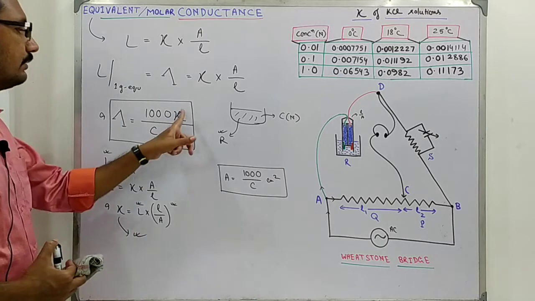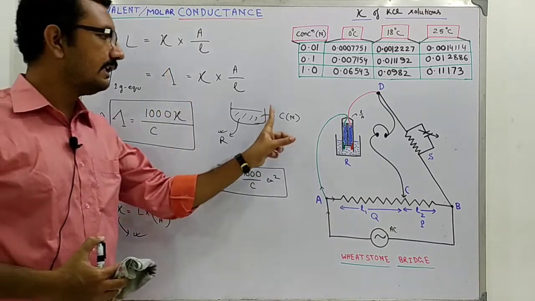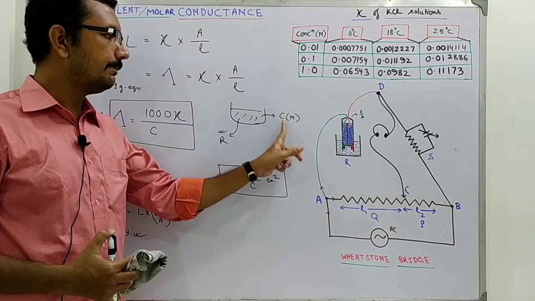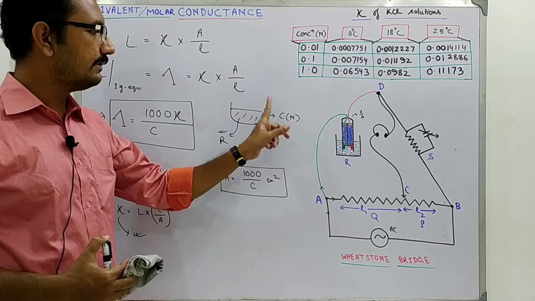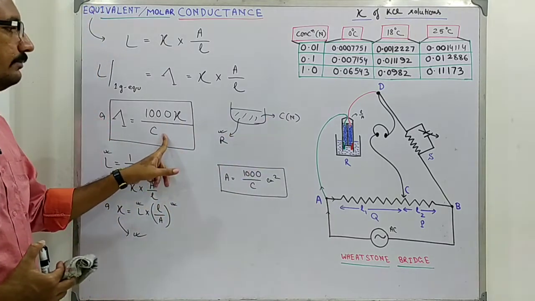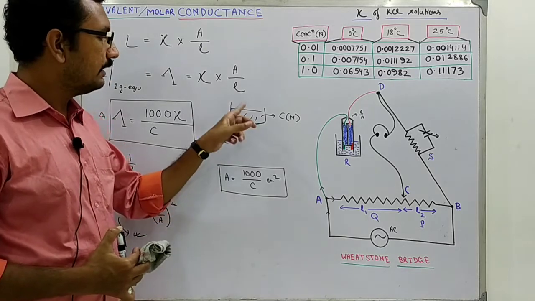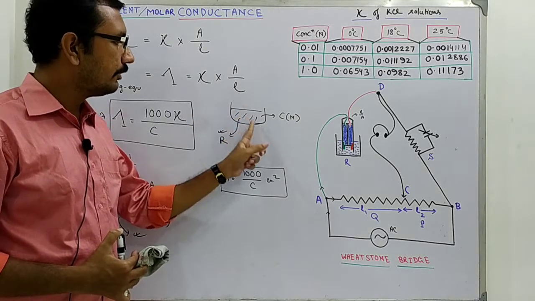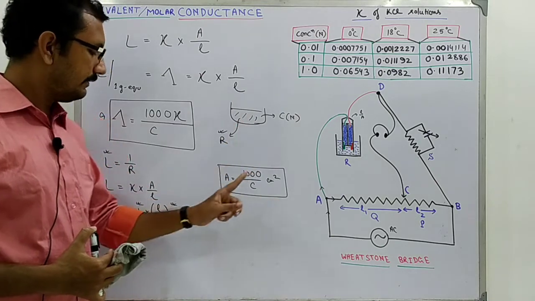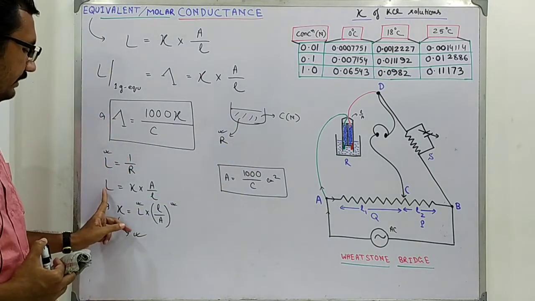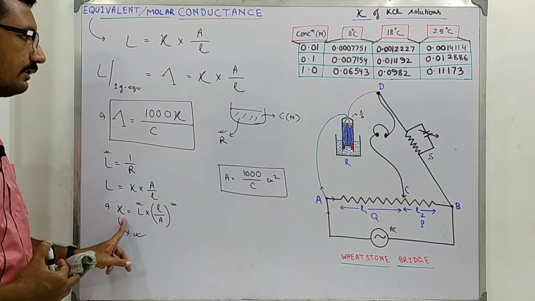Put this kappa in this relation, and put the concentration that is supplied in terms of gram equivalent per liter, that is, in normality. So, you have to measure the resistance of the electrolytic solution that is supplied to you, and from that resistance you get L, and from that L and the cell constant value you will get the specific conductance.